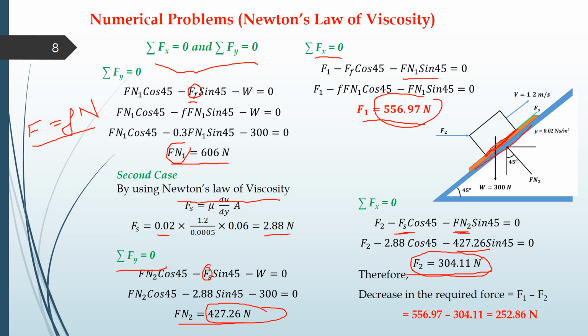The difference between these two forces gives the decrease in the required force on application of a lubricating film having a viscosity of 0.02 newton second per meter square, which is 252.86 newtons.